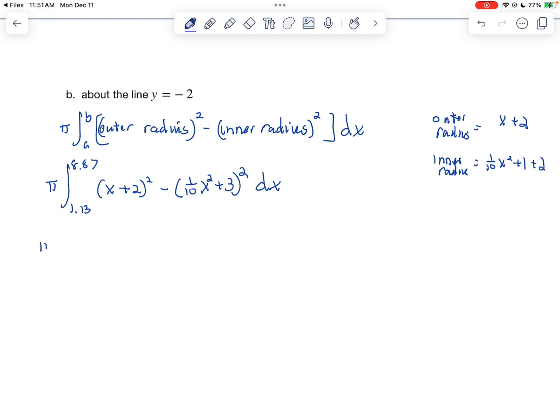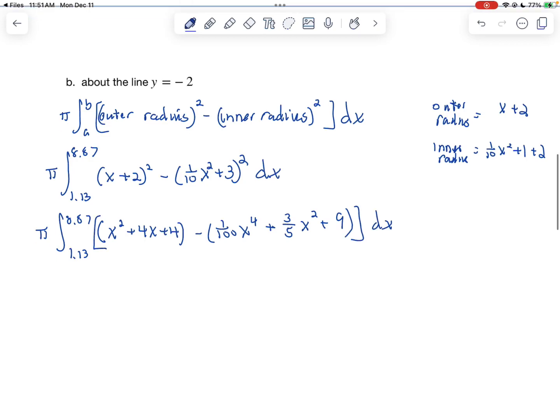We're going to start by doing the full method and multiplying x plus 2 times x plus 2. When I do that, I end up with x squared plus 4x plus 4, minus, and then we're going to figure out the full method of 1/10 x squared plus 3 times 1/10 x squared plus 3, which is 1/100 x to the 4th, plus 6/10, which is 3/5 x squared, plus 9, 3 times 3 is 9.